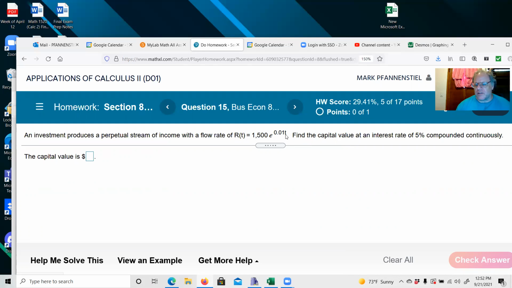E to the positive t is going to be a lot. Okay. All right, I'm not really understanding what they mean by this. RT, find the capital value at an interest rate of 5% compounded continuously.